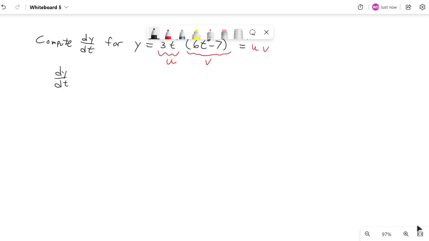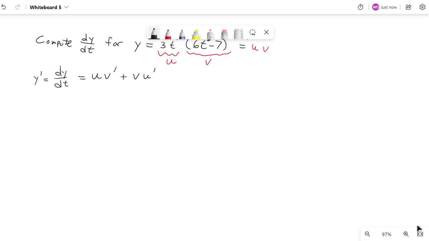You can also write that as y prime if you like. That then is equal to, by the product rule, the first factor, which is u, times the derivative of the second factor. You guys often call it just v prime. And then you add to it the second factor, which is v, times the derivative of the first factor, which is then u prime.